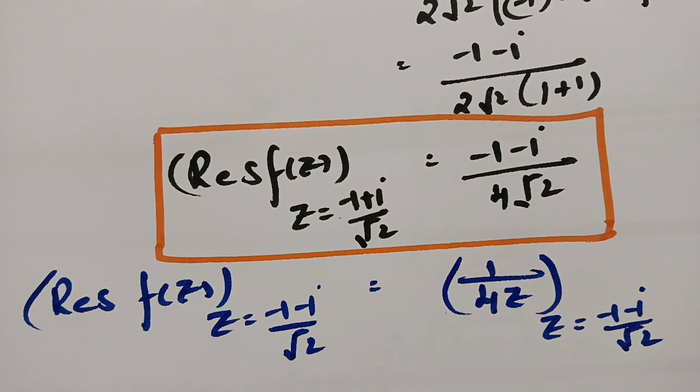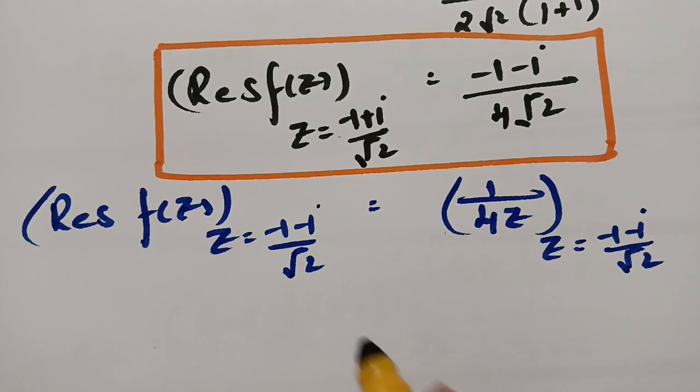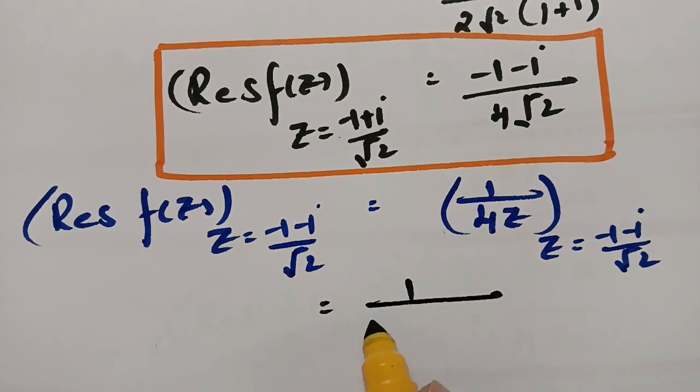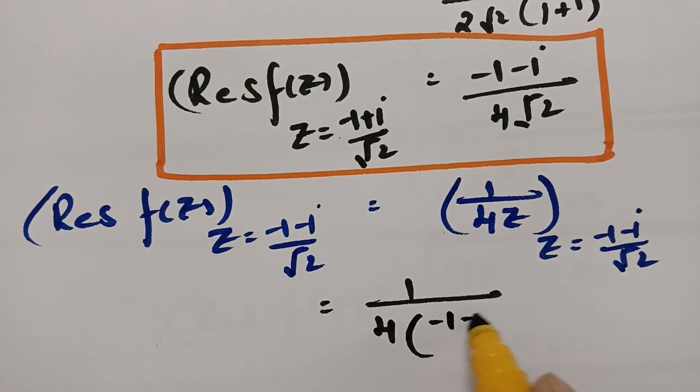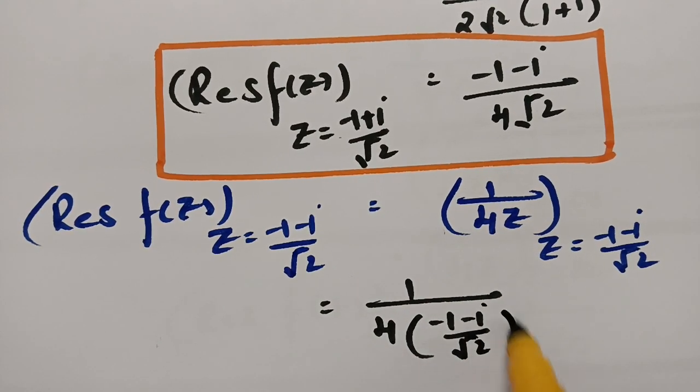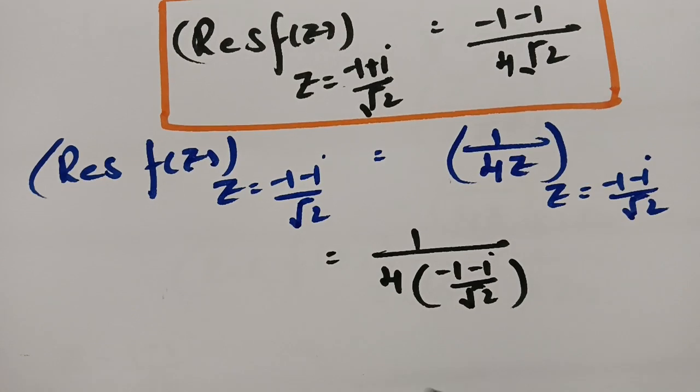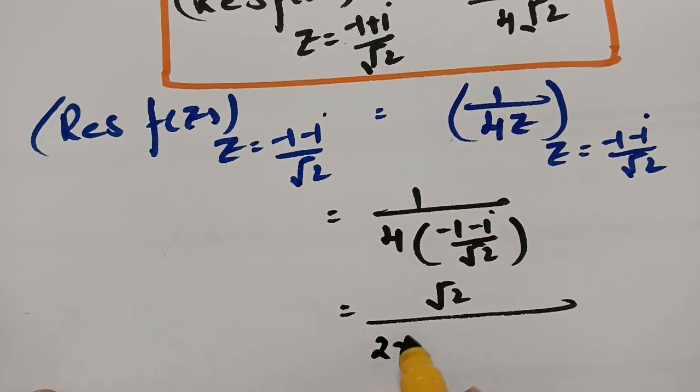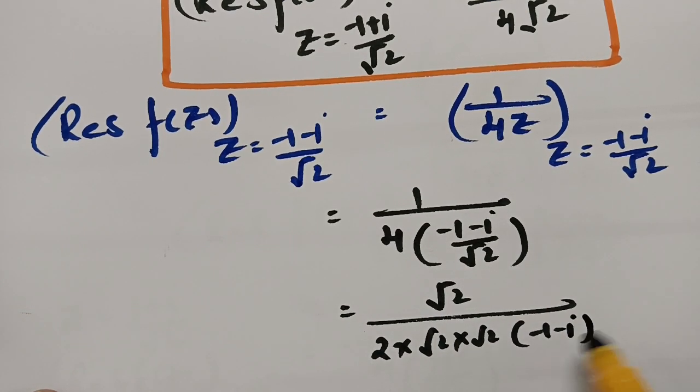So if I substitute the same thing here, this will be 1/4 into (-1 - i)/√2. If I send √2 to the numerator, and 4 can be written as 2 into √2 into √2, this is -1 - i.